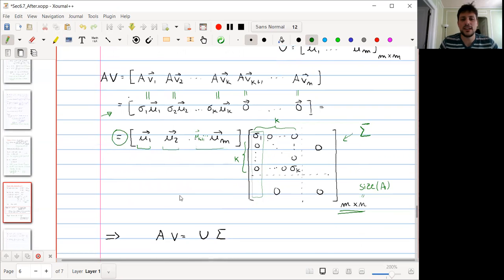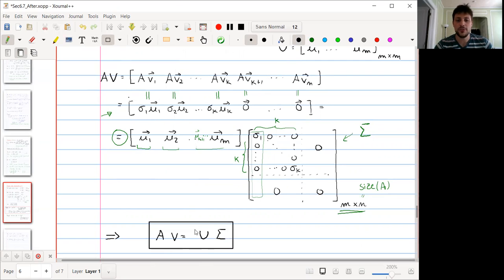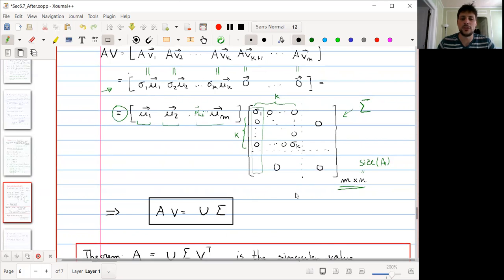But what we did here after this manipulation, using heavily all the properties that we just proved, is that AV, A times the matrix of the right singular vectors, is the same as U sigma, where U is the matrix of the left singular vectors and sigma is the matrix that kind of looks like diagonal, but it's not, it's an m by n, and it has singular values in it.